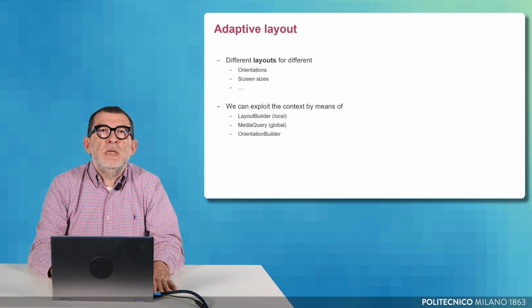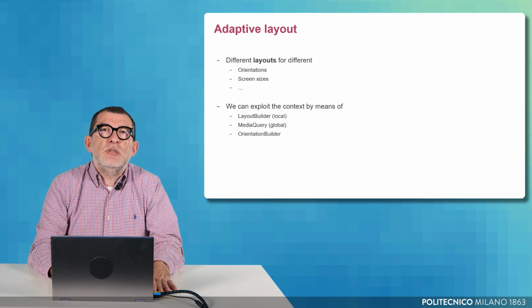To do this, we can use many different widgets. The most specific one is the Orientation Builder, which is specifically designed to handle the two different screen orientations. But we can also use two more general widgets, Layout Builder and Media Query.